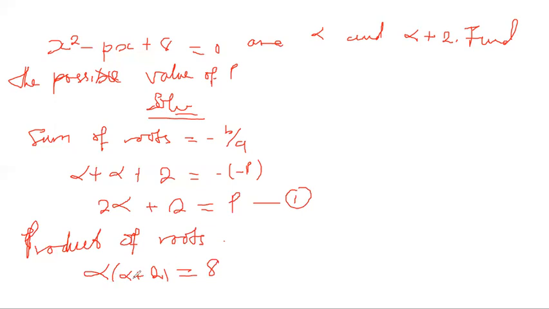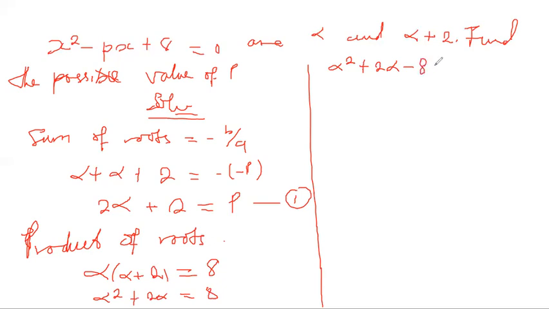So when we open brackets here, we shall have alpha squared plus 2 alpha is equal to 8. Since it is alpha squared, it is going to become a quadratic equation. So we bring the 8 to the left hand side, so it becomes minus 8 is equal to 0.